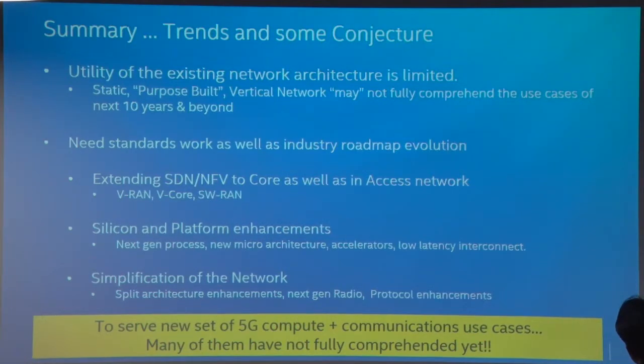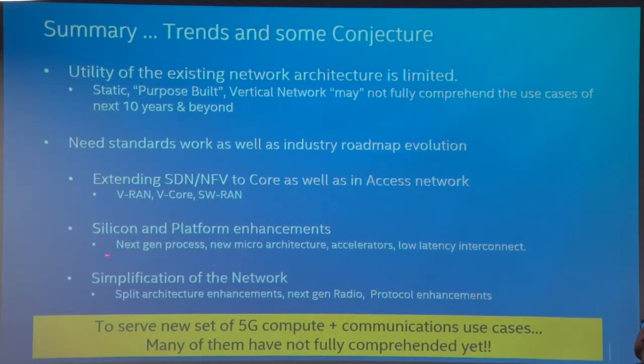And to be able to comprehend that, we need new standards. There is a lot of work happening in 3GPP, a lot of work happening in different industry bodies, as well as evolution of the roadmaps of how the networks are deployed. And we think that the SDN NFV technology is critical to the core as well as the access network to deliver on this promise of 5G.